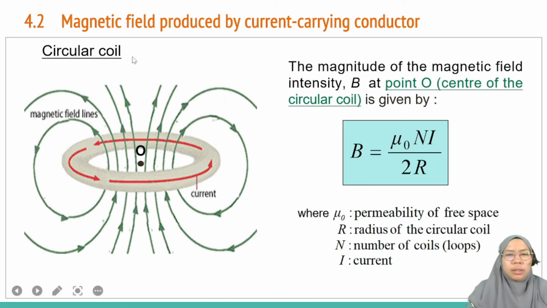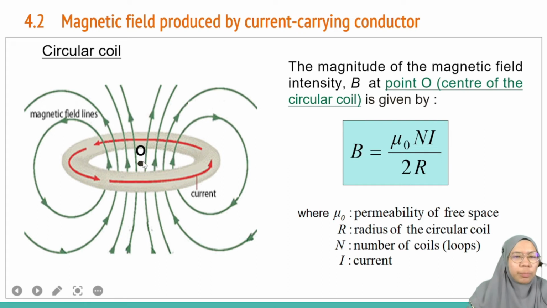Okay, next conductor is circular coil. So this is the pattern of magnetic field lines around the circular coil. In the middle, we have point O. The directions of magnetic fields are the same in the middle.